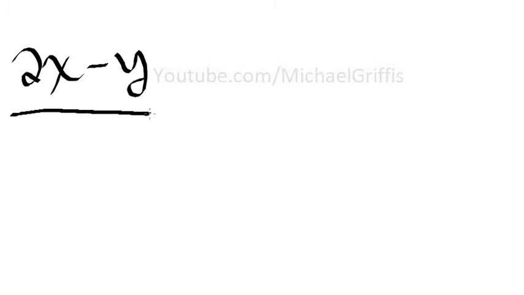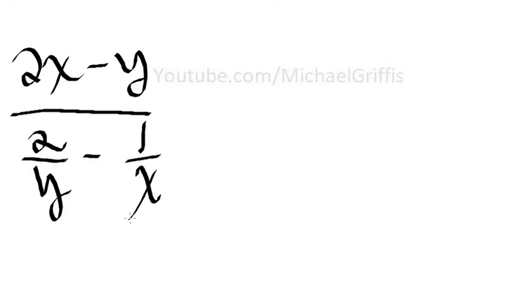All right, let's go ahead and work another one. 2x minus y over 2y minus 1 over x. Okay, so remember, there's the true line.